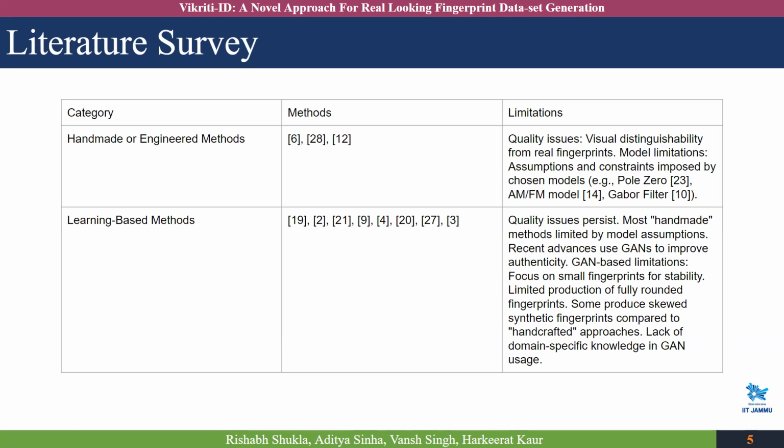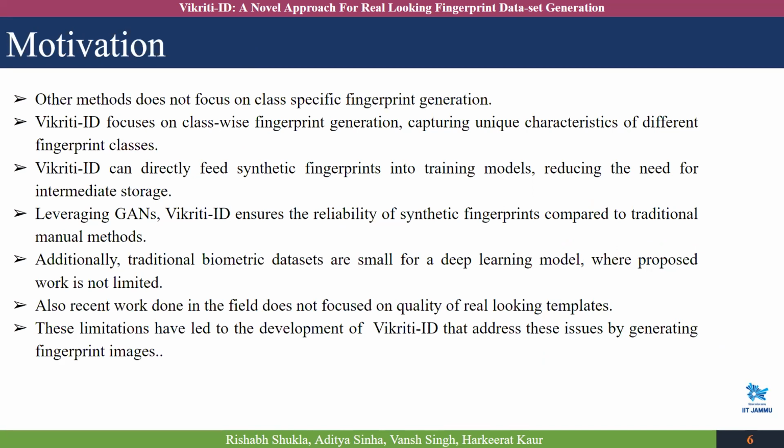But this work lacks visual clarity in the generated images. Learning-based methods are good, but they don't focus on class-specific details of the generated image. So these are some recent works.